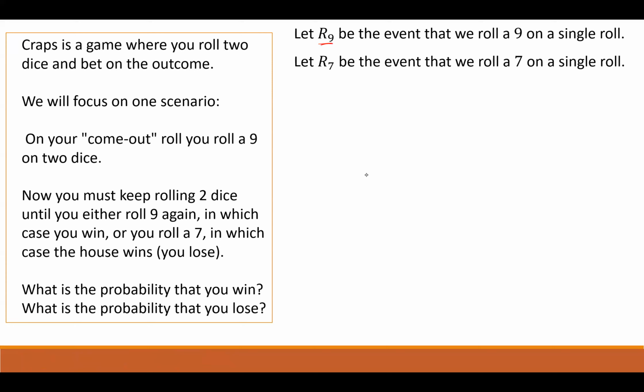So the probability of R9 is simply, the dice are fair, so this is a uniform sample space. It's simply the size of our event that we roll a 9 over the size of the sample space. It's 2 dice, so the sample space has size 36.